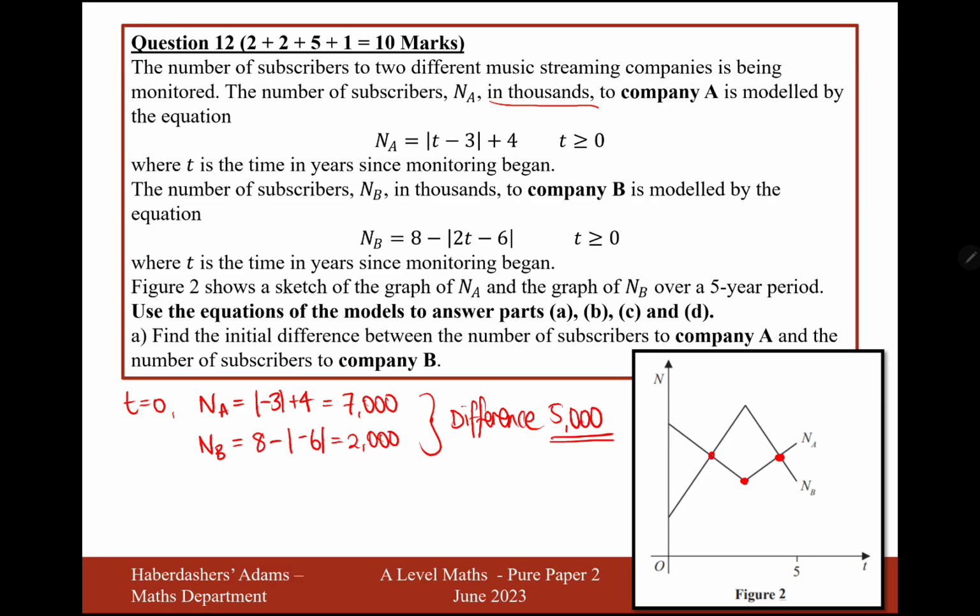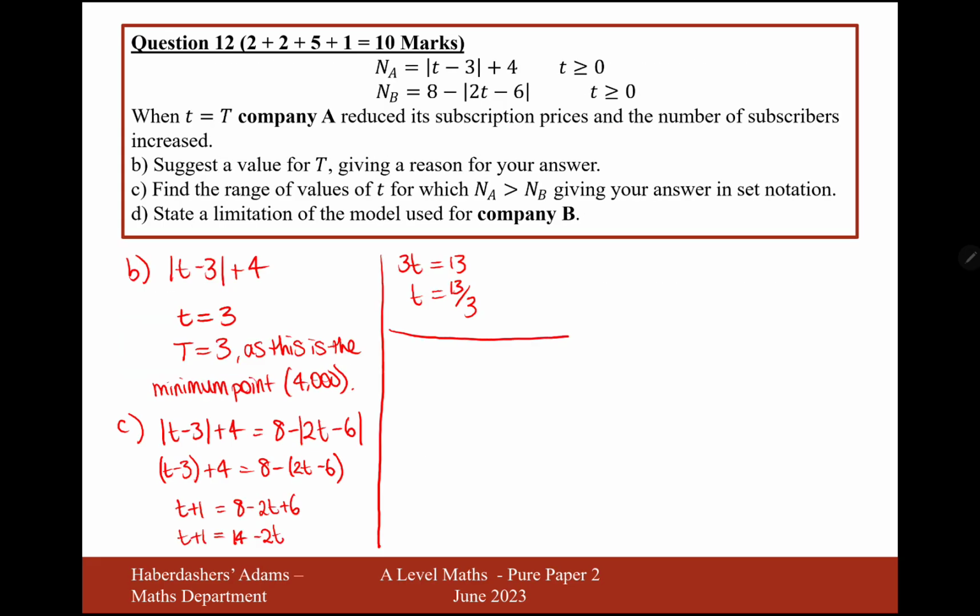And now I need the parts where they are both negative, or they both have a reflected component to it. So in the next stage, when I write out my equation of the modulus of t minus 3, add 4 equals 8 minus the modulus of 2t minus 6, both of these modulus brackets are going to turn into negative coefficient brackets.